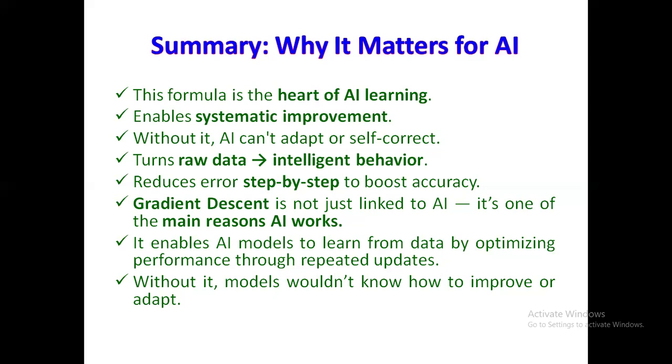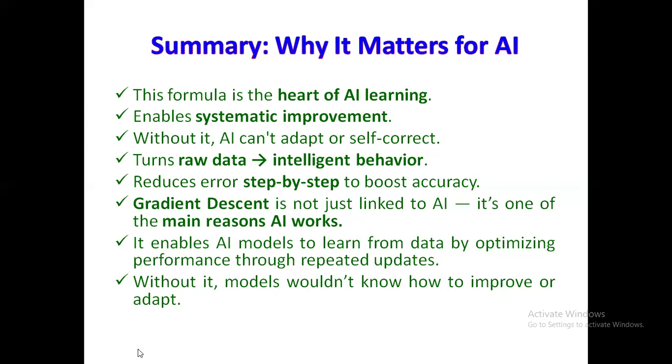Through repeated updates, the algorithm adjusts the model's internal parameters, like weights in neural networks, in small steps, always moving in the direction that reduces the error. This iterative process of tuning parameters is what enables the model to become more accurate and intelligent with each cycle of learning.